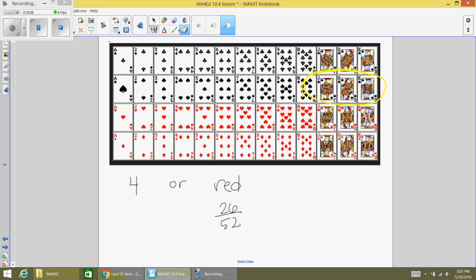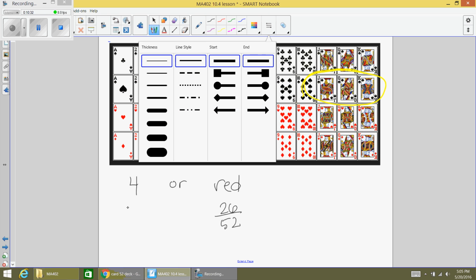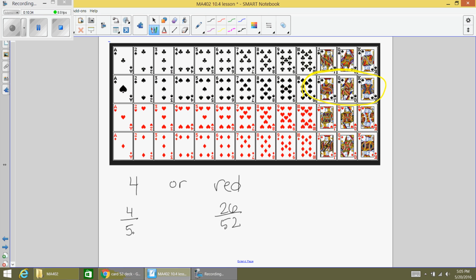How many 4s are there? There are 4 4s. How many cards are red cards and 4s at the same time? Okay, that's your hearts and your diamonds. You've got 2 of them.